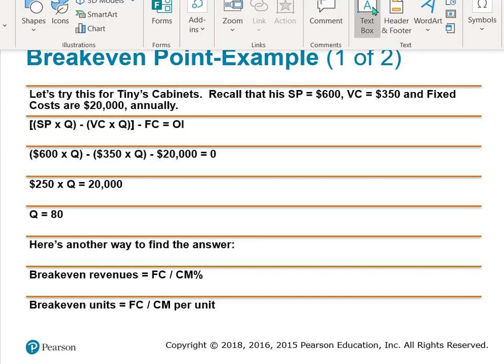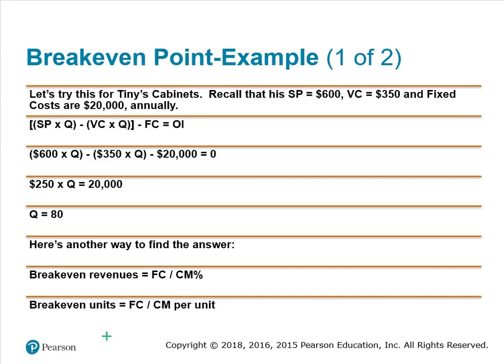Let's put another quick text box in here. Fixed costs are 20,000 divided by our contribution margin per unit, which was $2.50. 20 divided by 250, that gives us 80.